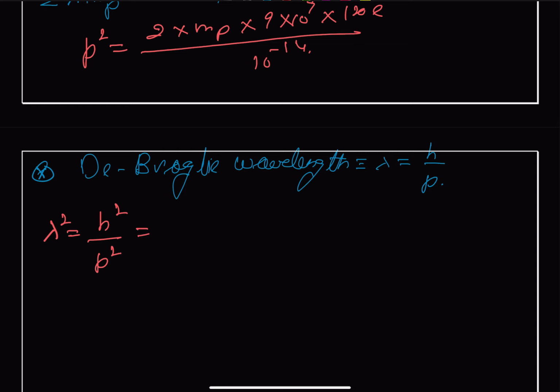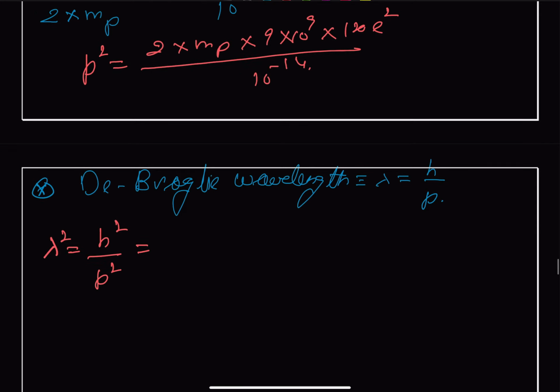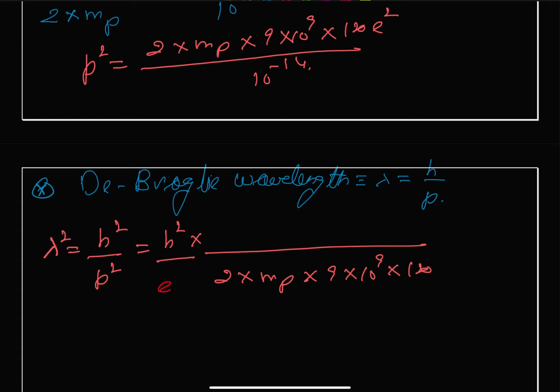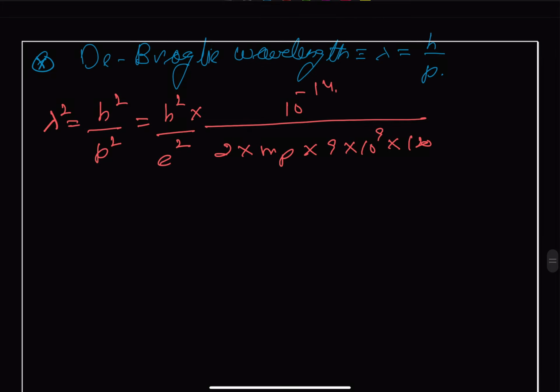We substitute the values, and we get h square multiplied by twice into mp multiplied by 9 into 10 to the power 9 into 120 E square, and in the numerator it comes as 10 to the power minus 14. And let's substitute the values.